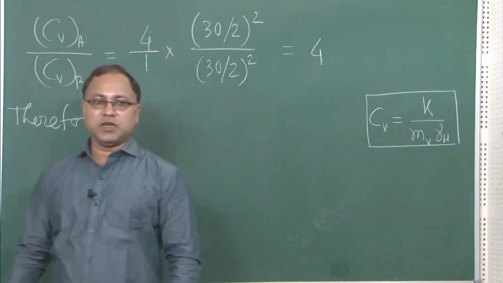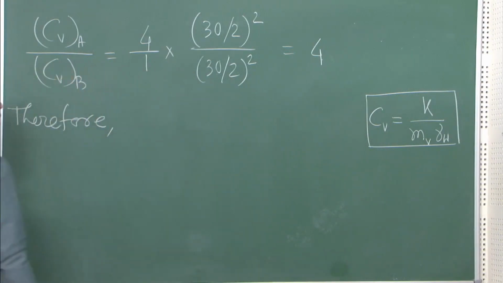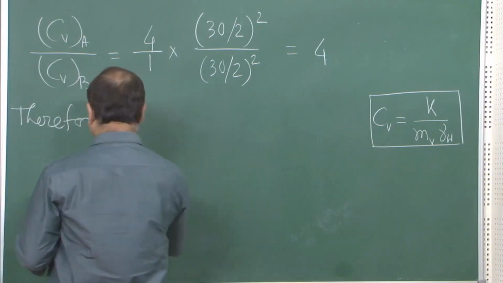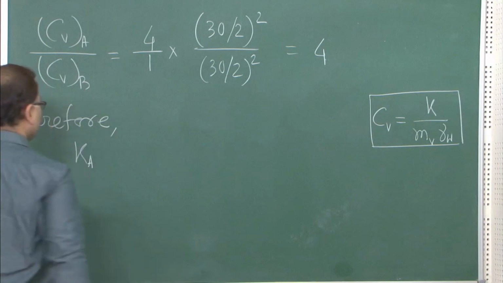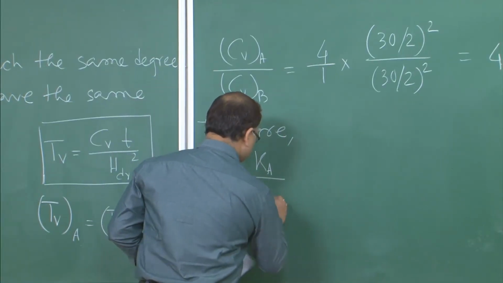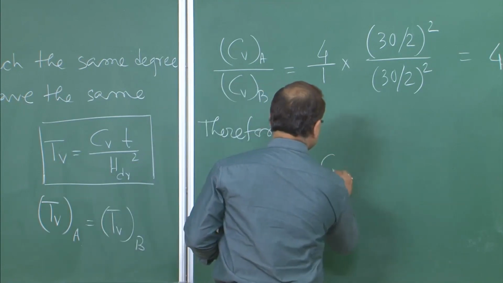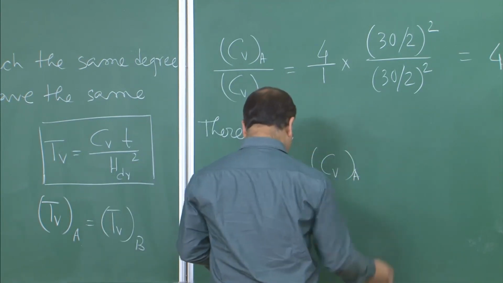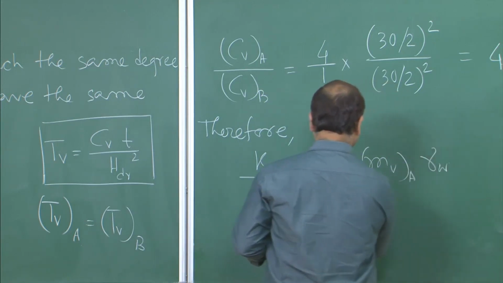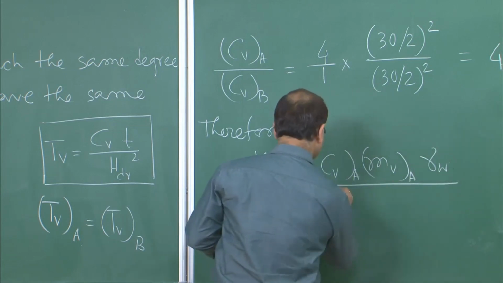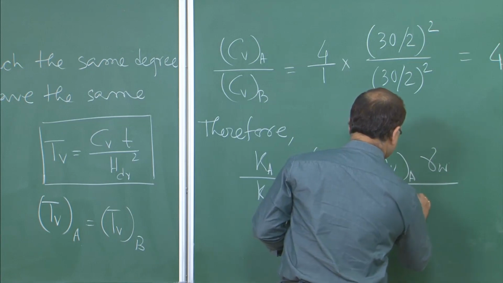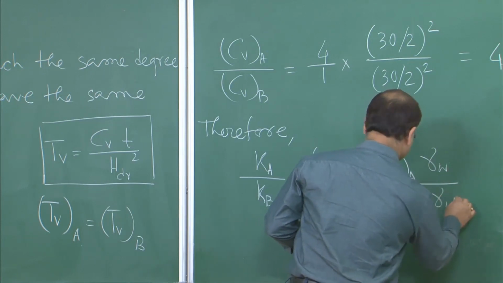So, if that is true, I can write Ka, the coefficient of permeability of sample A, divided by the coefficient of permeability of sample B, is equal to CV A into mv A into gamma w divided by CV B into mv B into gamma w.